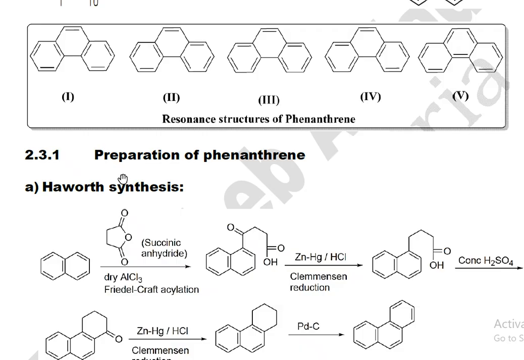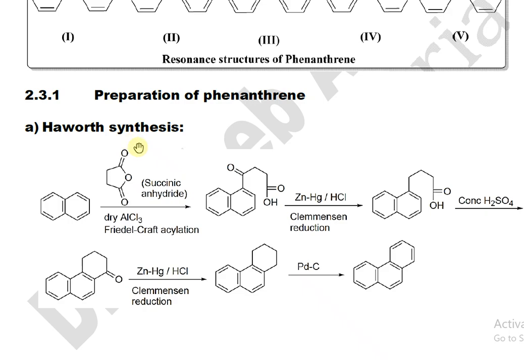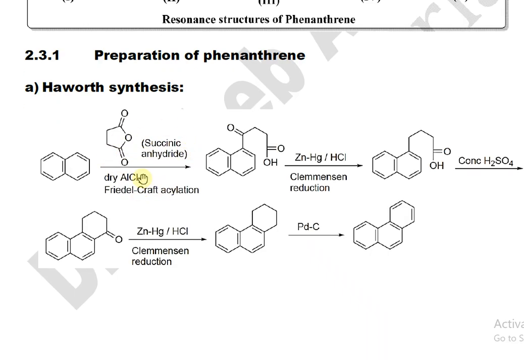So the first method for the preparation of phenanthrene is the Haworth synthesis. We have acylation with succinic anhydride, then reduction of the carbonyl group, then intramolecular cyclization, and then another Clemmensen reduction.